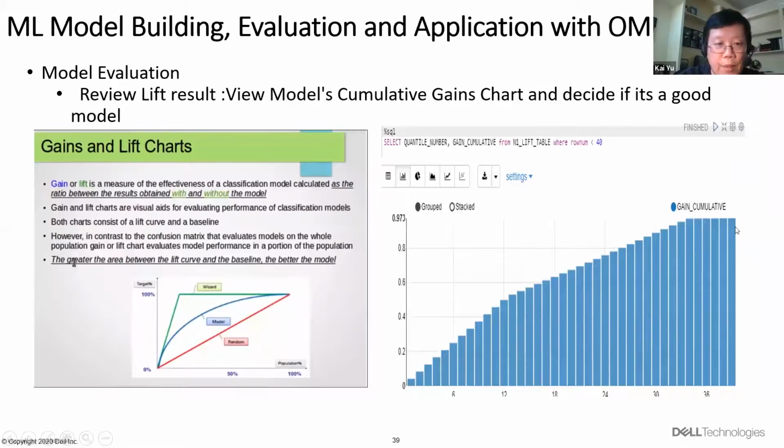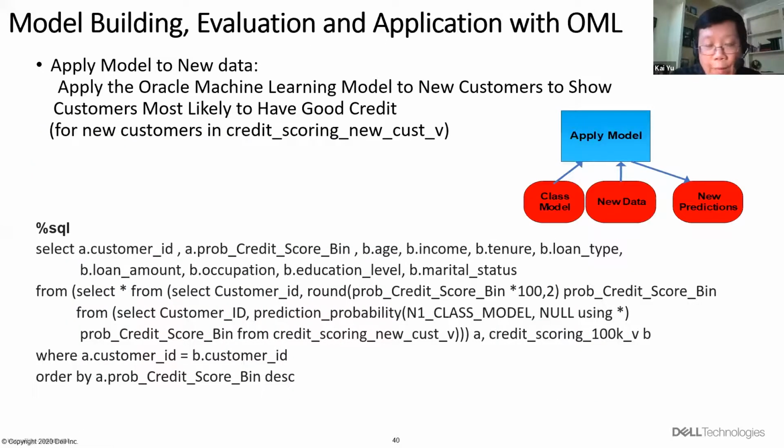Once you have the model, we can apply it. In this case, it's a single query to apply the model. We have new data, and we can use this model to predict it. Let's say we have 500 new customers; I can use this model to calculate the credit for each of these customers using this query.